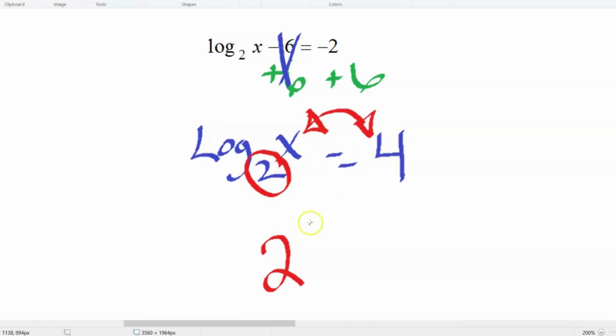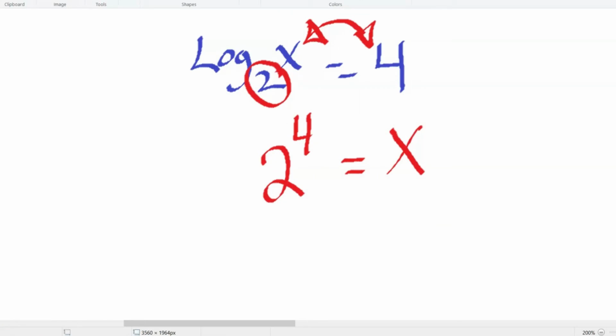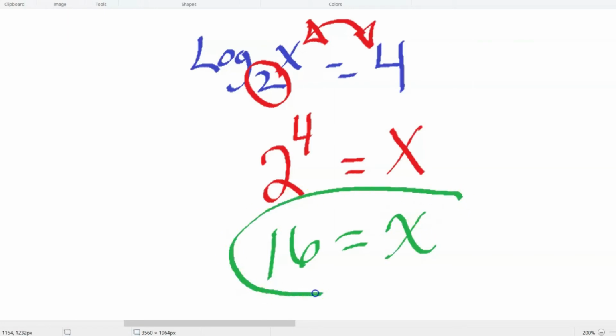The 4 and the x, they're just going to switch. So this becomes 2 to the 4th power equals x. Okay, now to solve this, I'm just going to figure out what is 2 to the 4th power. 2 to the 4th power has to give me something, and whatever that is going to be my answer. And 2 to the 4th power just happens to give me 16. So my answer would be 16 equals x.